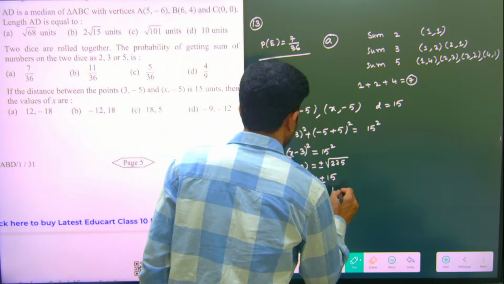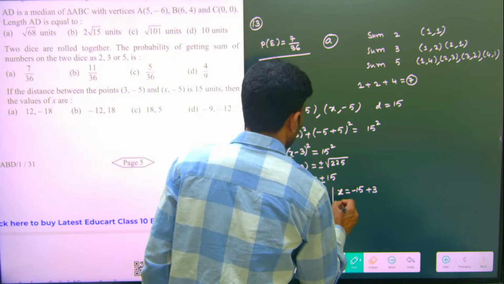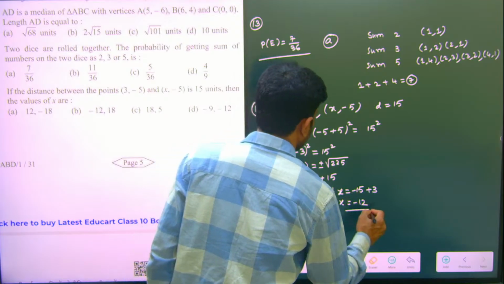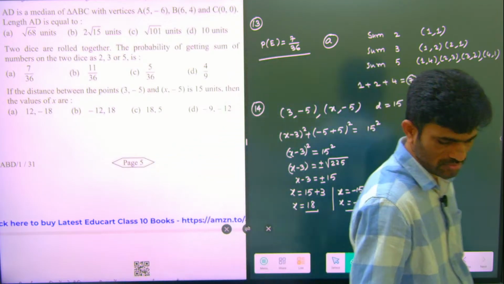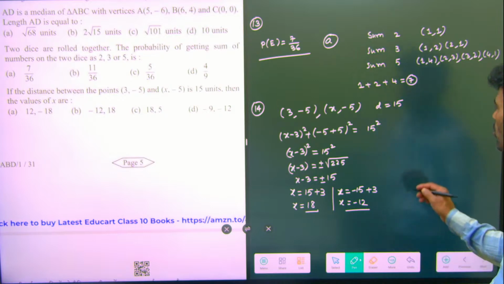One more time, x minus 3 is equal to minus 15, so minus 15 plus 3, x is equal to minus 12. So x is equal to 18 or x is equal to minus 12. Which option is correct? 18 and minus 12, option B is correct.